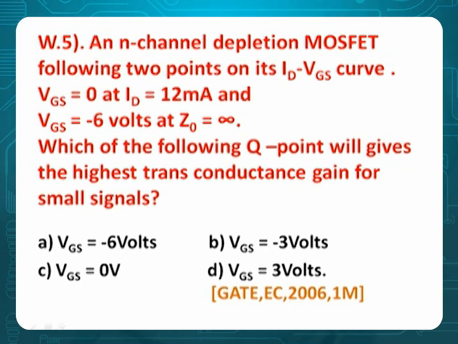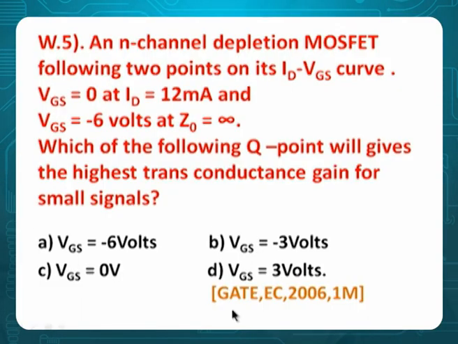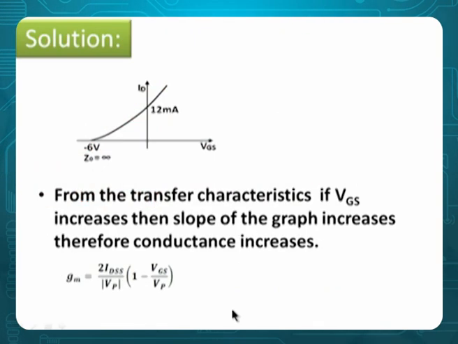The whole idea is you have to get the expression of transconductance and then substitute the highest and lowest values of VGS given to you. And as you know, gm is equal to 2 IDSS by VP into 1 minus VGS by VP. Therefore, the option is D.